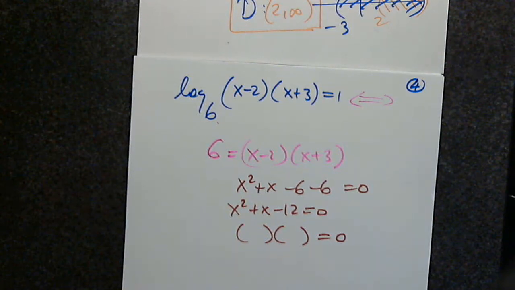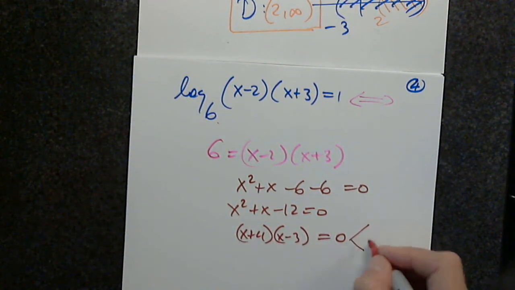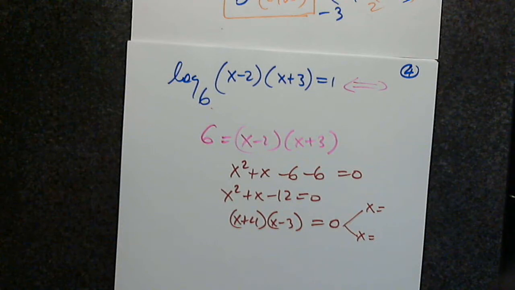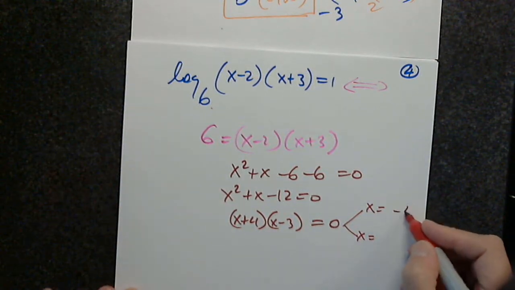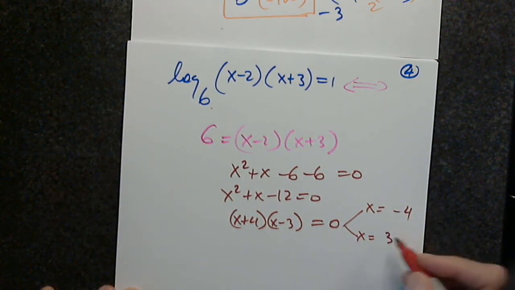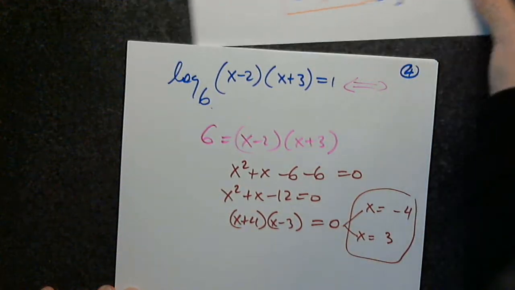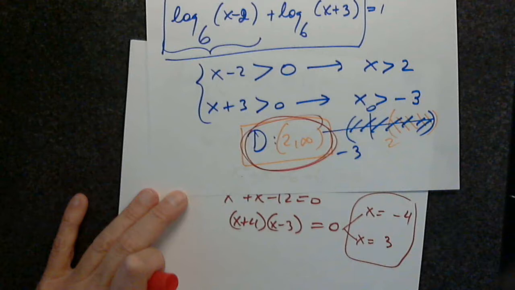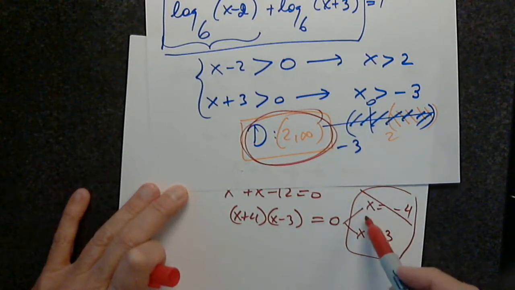X plus 4 and x minus 3. Very good. So then we have two potential solutions. What is the first one? X equals -4. Very good. And 3. And I will say not so fast, because I have to go back here. So what do I conclude? X is equal to 3.